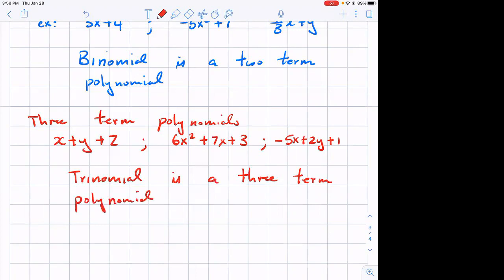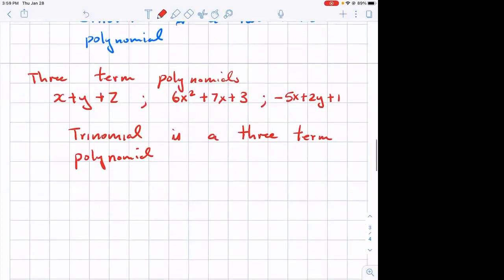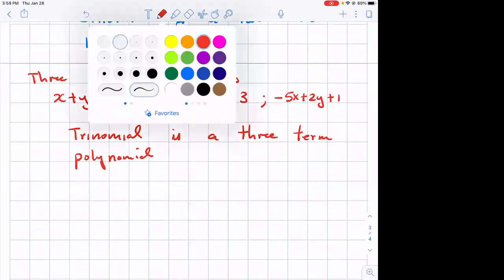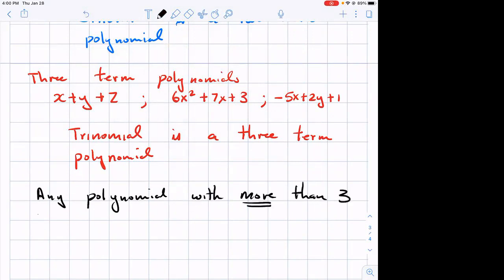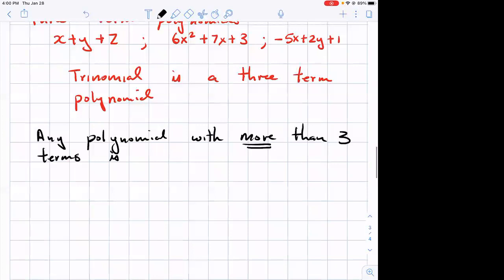Now from here, if it has four terms, five terms, six terms, or anything greater than 3, any polynomial with more than 3 terms is called a polynomial.